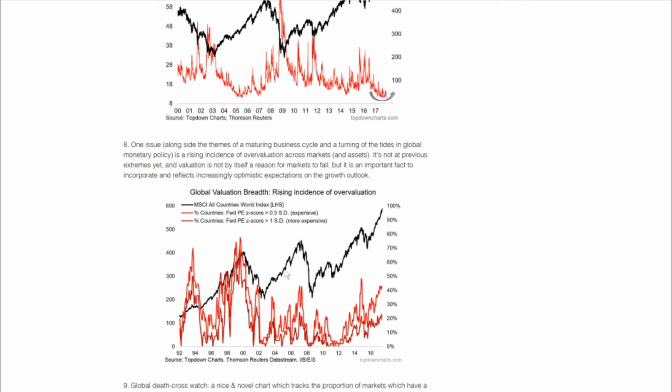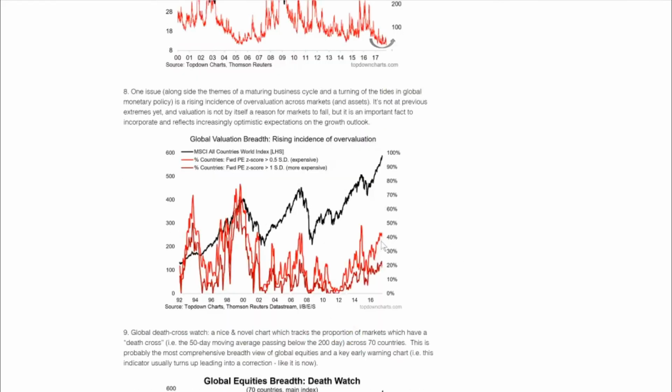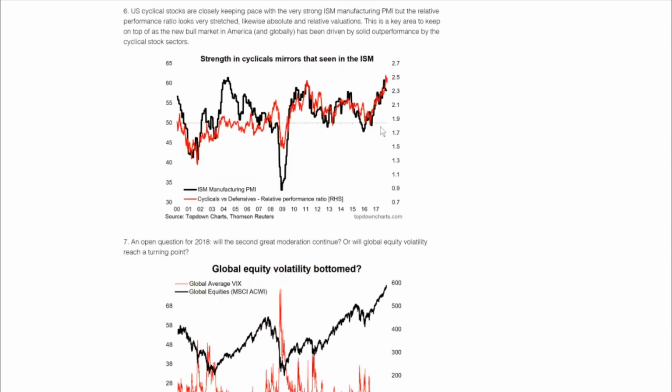But they're not yet at the lofty heights we saw in the early 90s and the late 90s, so that could be one offset. The other offset is that yields are still very low, and of course that can change pretty quickly.